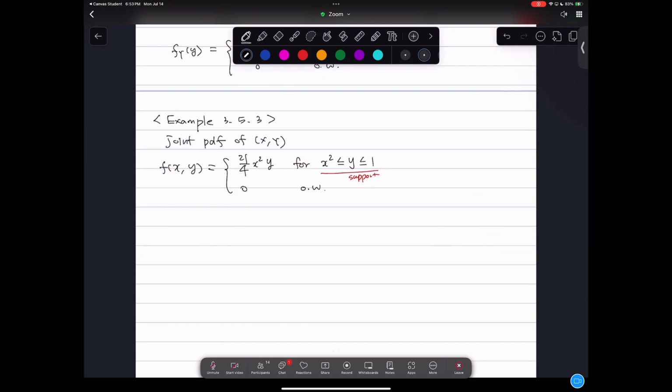So let's imagine, again, this is my x and y. Your y's are from x squared to 1. Looking at one side, x squared is less than or equal to y. It's a parabola, so I'm trying to get a graph. Y is greater than or equal to that. It's going to be the parabola like this.